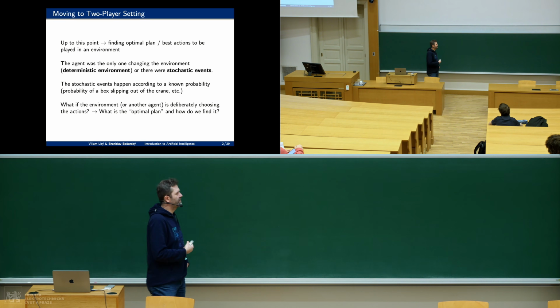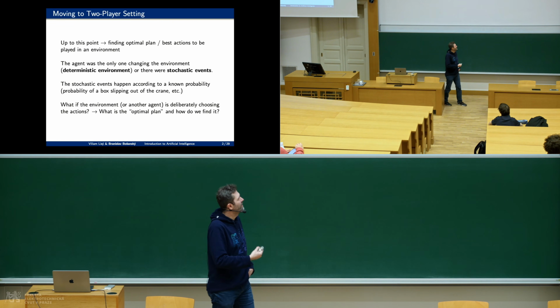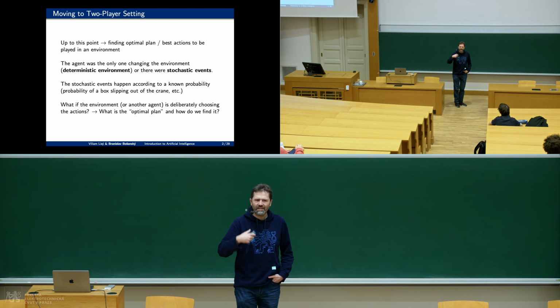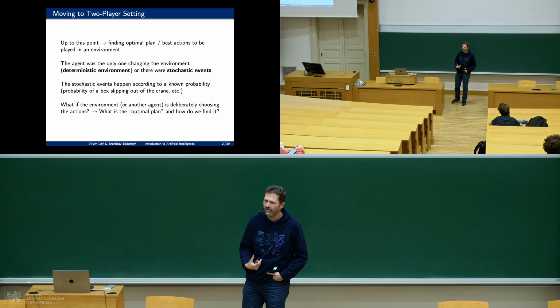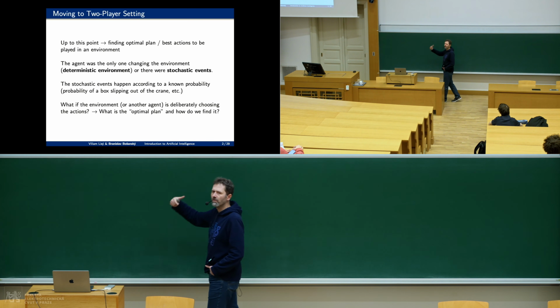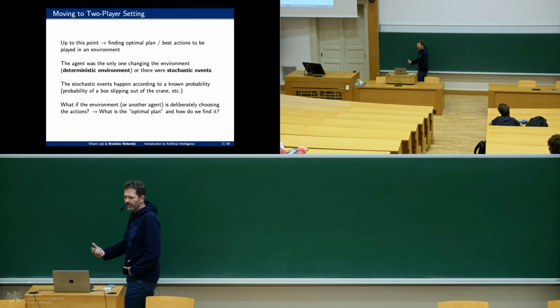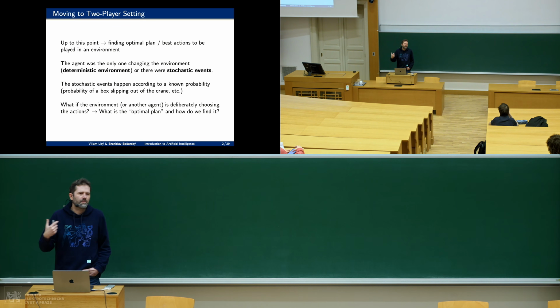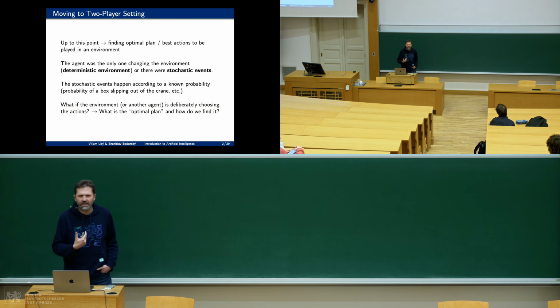So this is the theory of games, because we assume that every agent that is actively acting in the environment is trying to accomplish their own goal. And this is different to assuming that the environment is changing somehow stochastically, right?